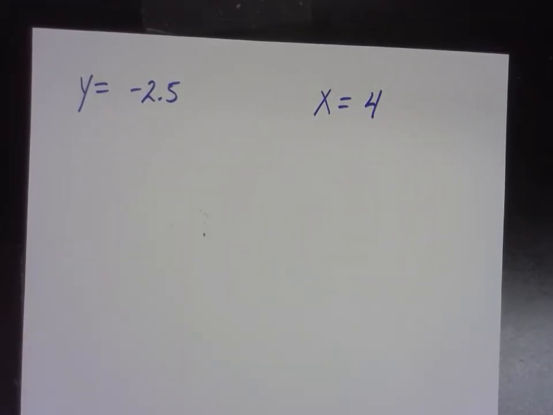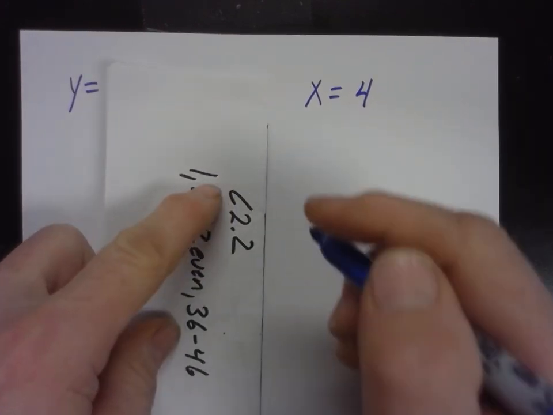Okay? So first of all, let me make this clear. You're going to draw your own graphs today. Okay? You're going to use some kind of a straight edge. You can get a piece of paper from me and fold it over and keep it all the time if you want.